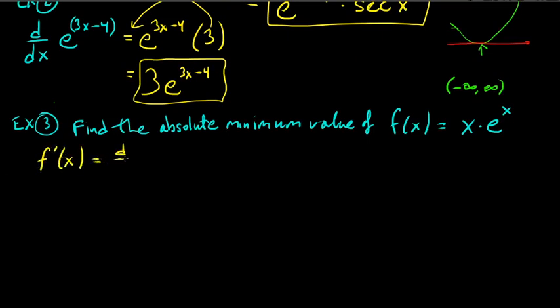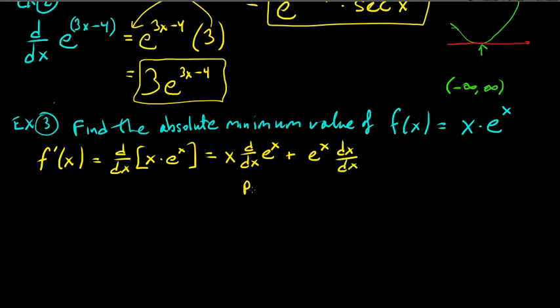We want to take the derivative of x times e to the x. I hope you realize we need the product rule here. This is not 1 times e to the x. It's first times the derivative of the second plus second times the derivative of the first, the ordinary product rule for derivatives.